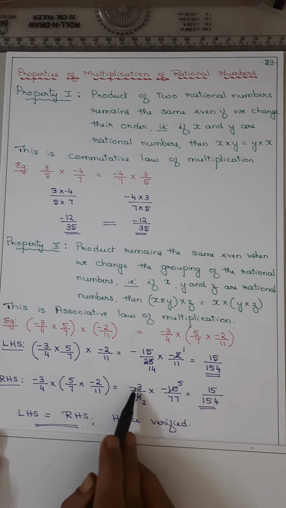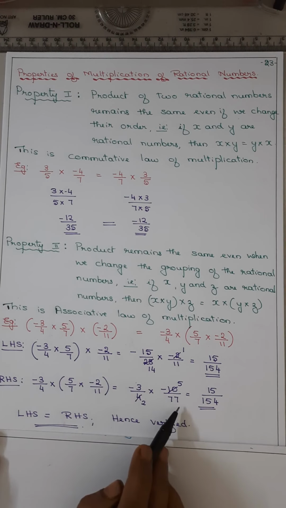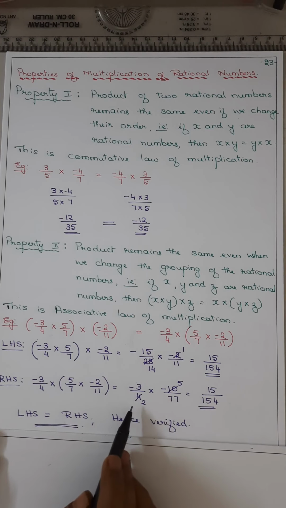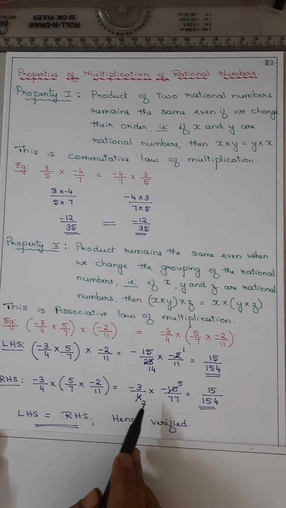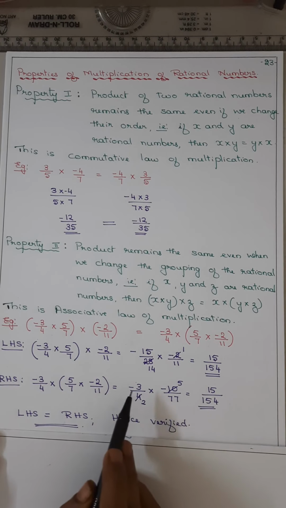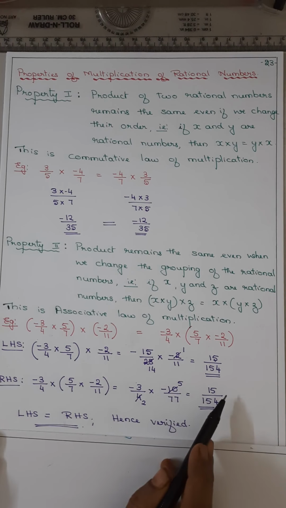Now check 3 and 4, not possible. 3 and 77, not possible. But 10 and 4 possible. It is in 2. 2 twos are 4, 2 fives are 10. So minus minus plus, 3 fives are 15.